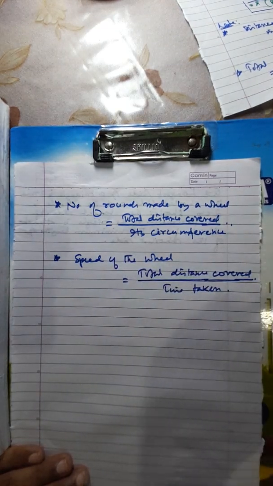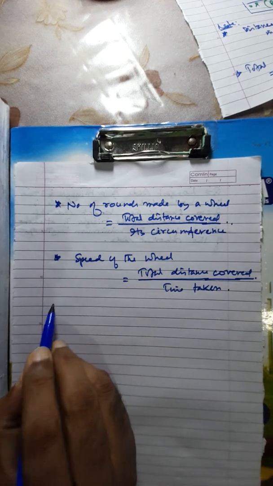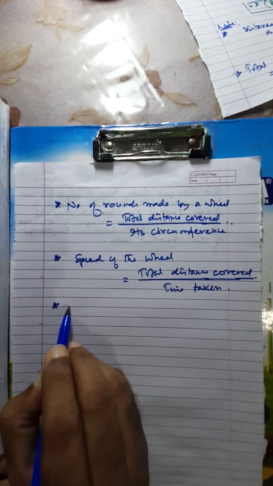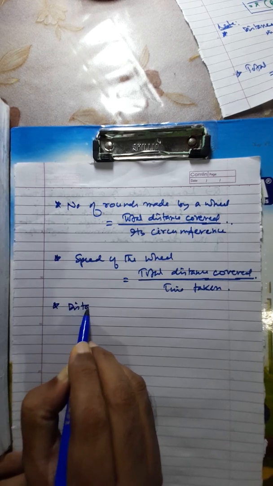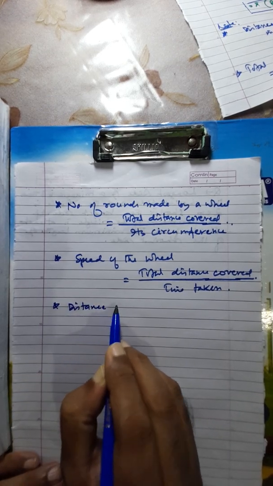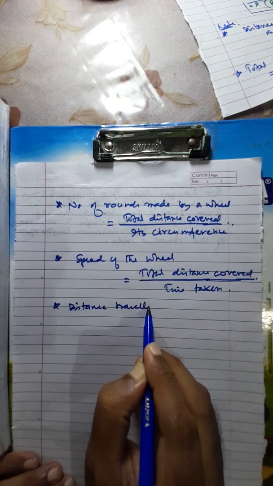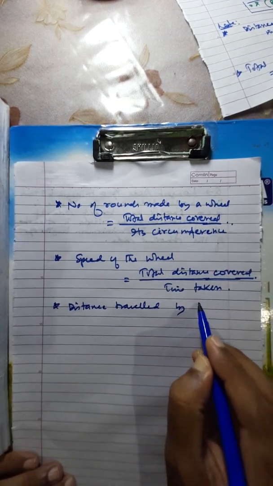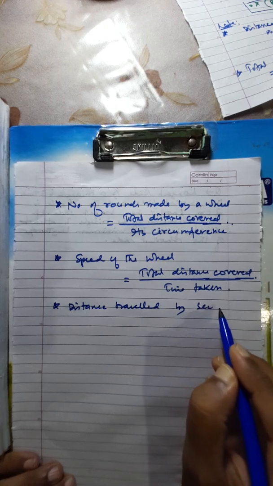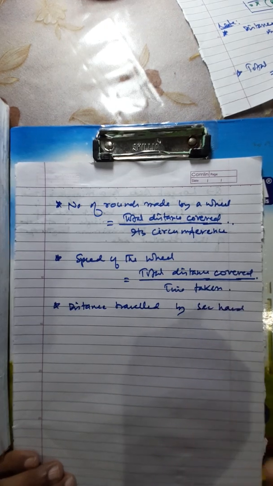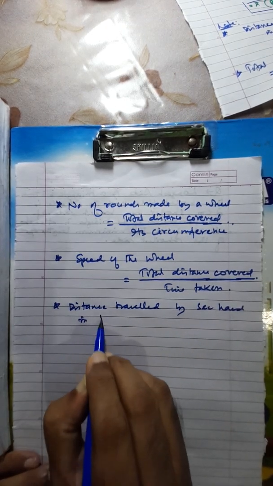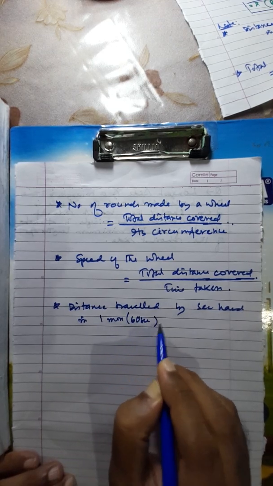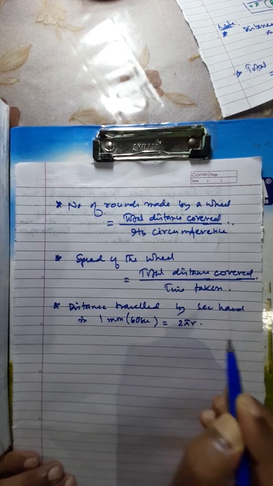So practically you can see and say these things. Distance travelled by the second hand in 1 minute or 60 seconds is equal to twice pi r.